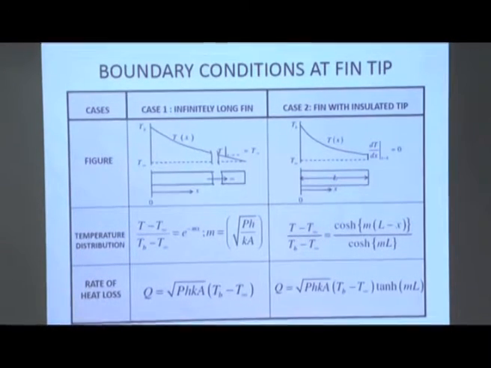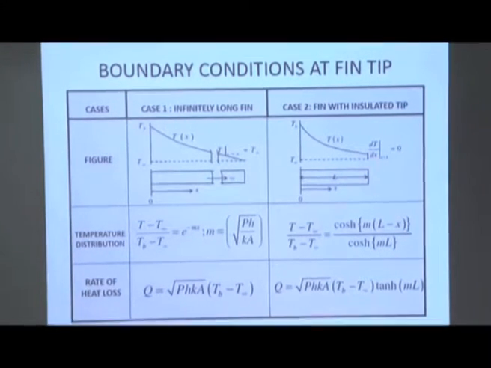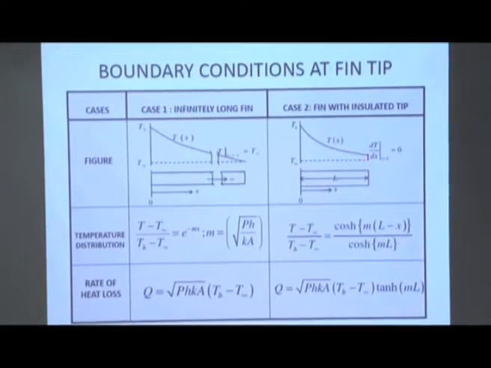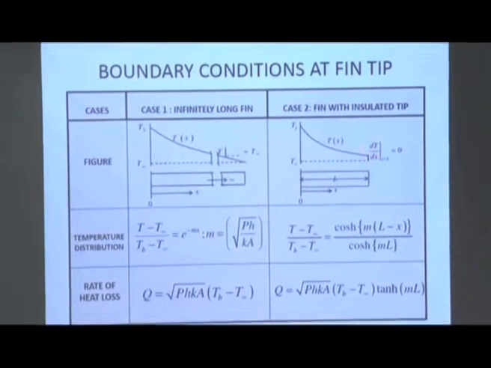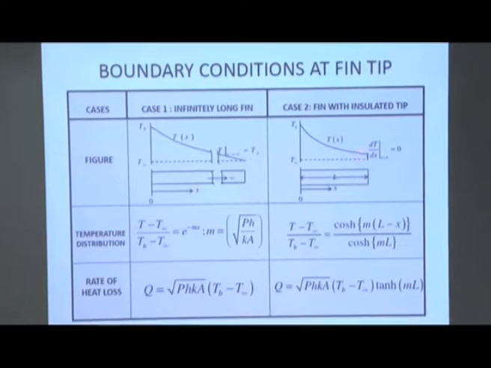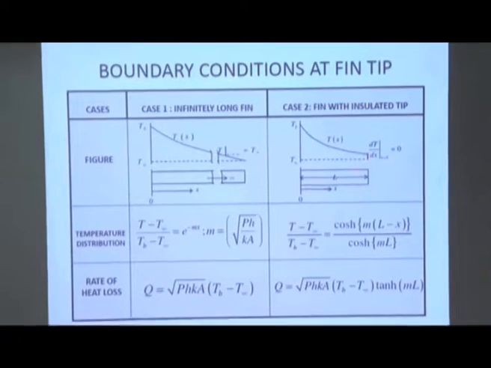Like in fluid mechanics, shear stress is 0, du/dy is 0. In the one-dimensional case, it is a similar thing, so the temperature profile does not attain the T infinity temperature. This temperature is higher than T infinity because of this insulation, but the slope is 0. The shape of the curve is such that it becomes parallel to the abscissa, so that dT/dx is 0.